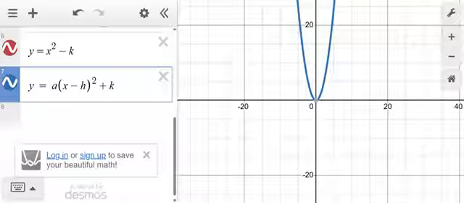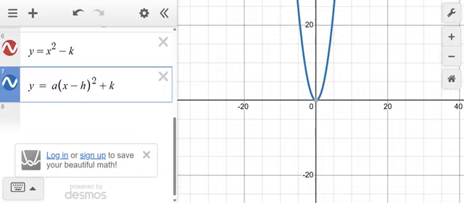Okay, let me try another one because I get this is tricky. What if I have y equals x plus 100? Okay, write that down and write it down in a way where you have the minus, right? So I want you to fill in the blank here. Okay, what goes there? What is your h?